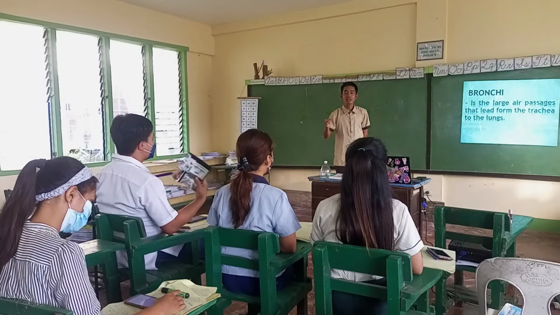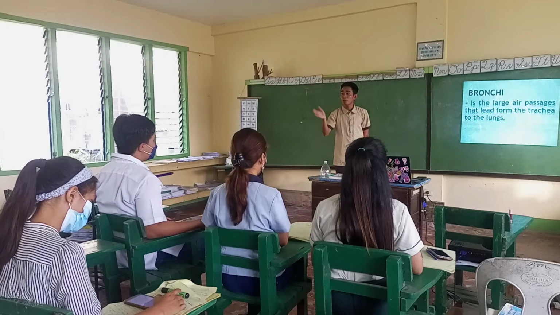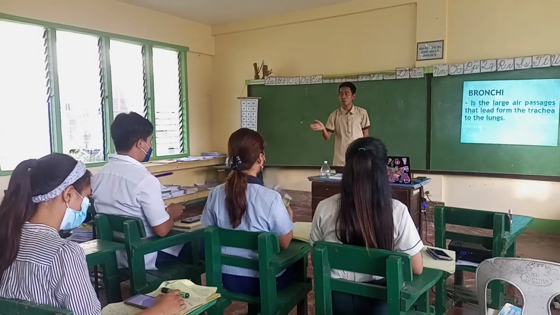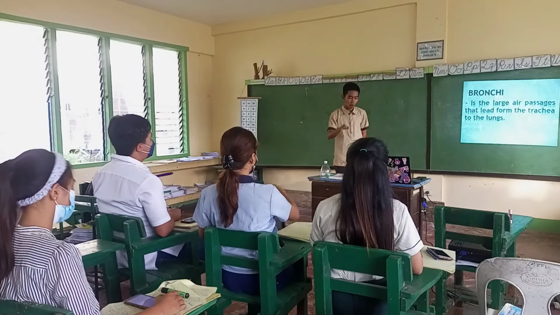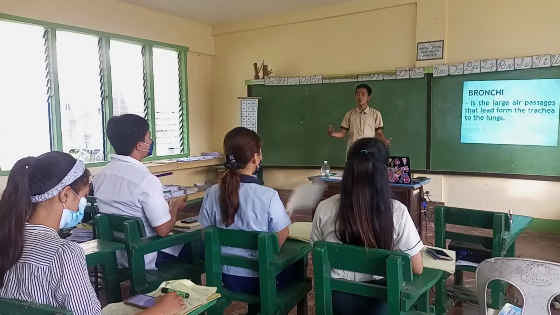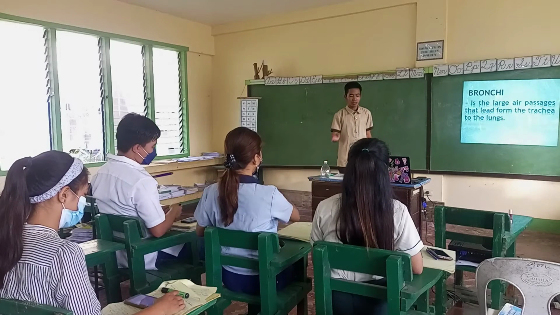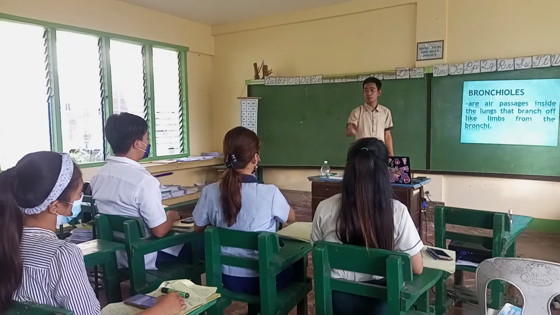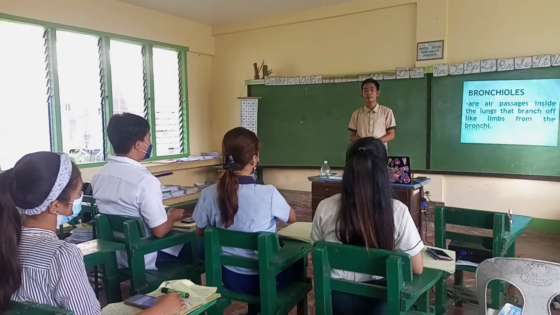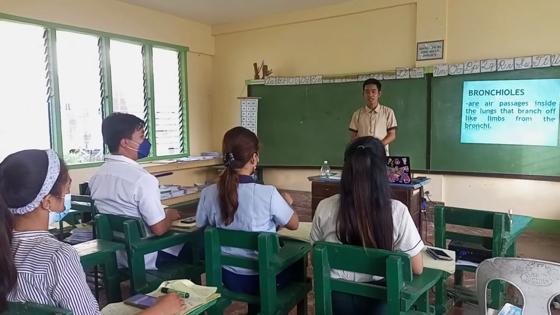Remember that when we say bronchi, it is plural, and bronchus is the singular form. Okay, at the end of the bronchi is our next part, your bronchioles. So who can read about bronchioles? Yes, Ellen.